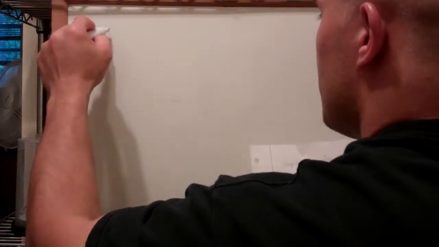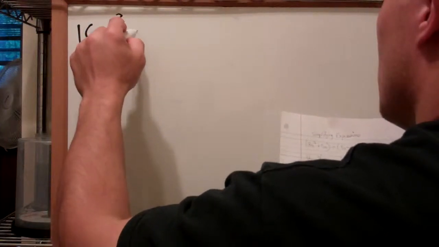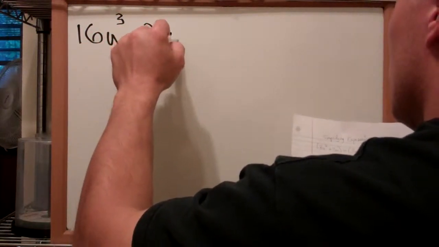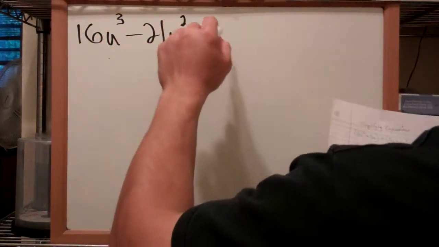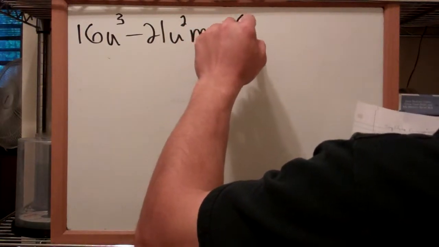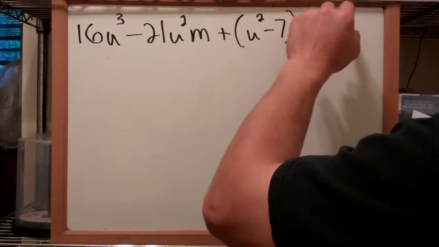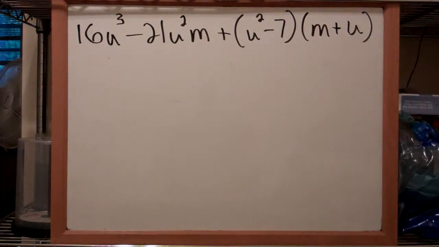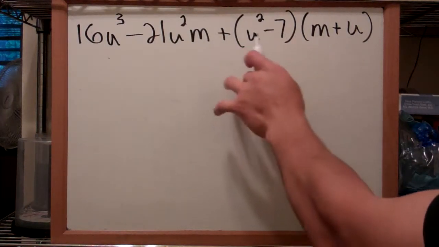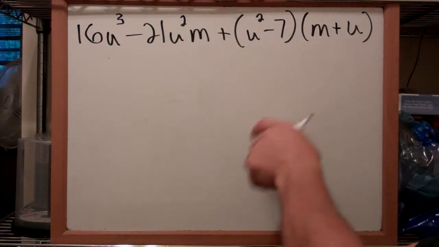This one's going to be a little bit more complicated, but you're going to have 16u cubed minus 21u squared m plus u squared minus 7 times m plus u. Here we want to use the FOIL method with the binomial times the binomial.